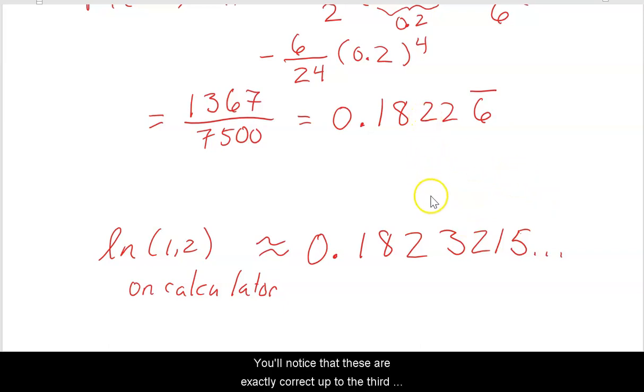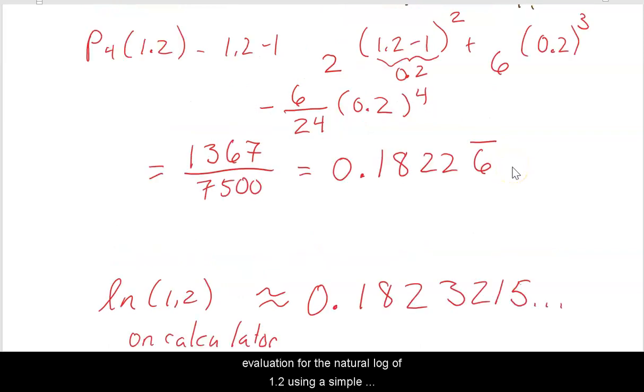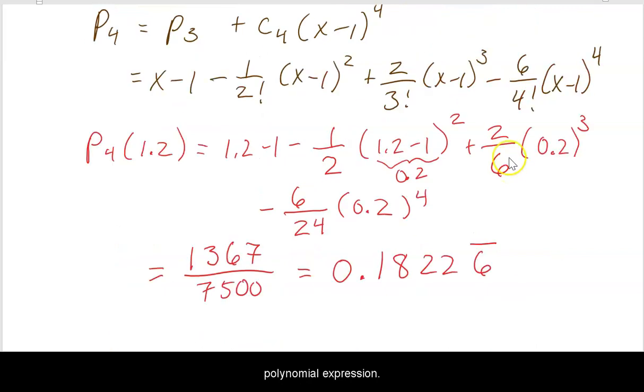You'll notice that these are exactly correct up to the third decimal place, within 1/1000th, and they aren't off until the fourth decimal place, in the 10,000th place. In other words, we were able to get a very accurate evaluation for the natural log of 1.2 using a simple polynomial expression. This is nothing more than adding, subtracting, multiplying, dividing, and using powers.